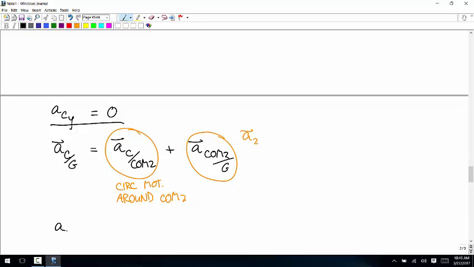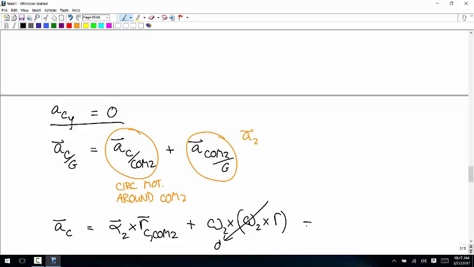And so the acceleration of C is equal to alpha 2 crossed with a vector going 2C from the center of mass of 2 plus omega 2. Oh, well, this all goes away because we're assuming it's at rest. Plus A2.